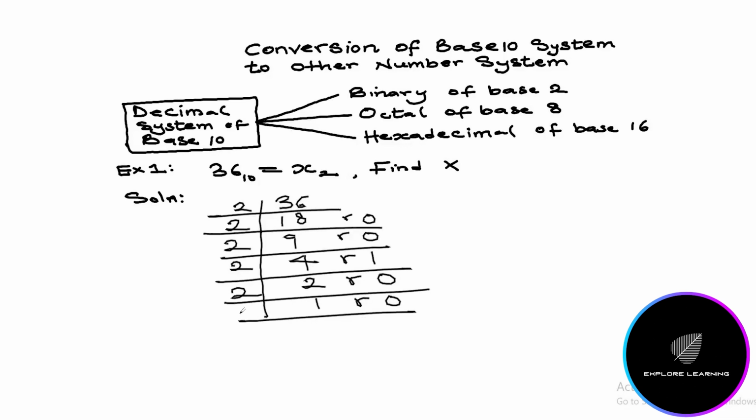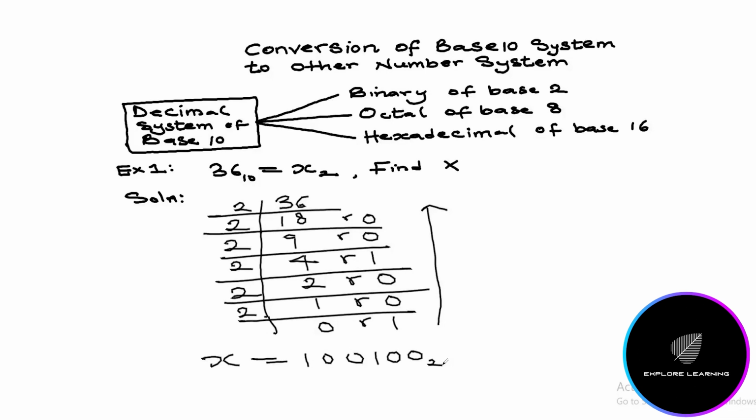And then finally, we say 2 into 1, that is going to be impossible, so we're going to say 0, remainder 1. In this case, we're going to take the values from bottom to top. All right, so therefore, x will be equal to 100100 base 2.